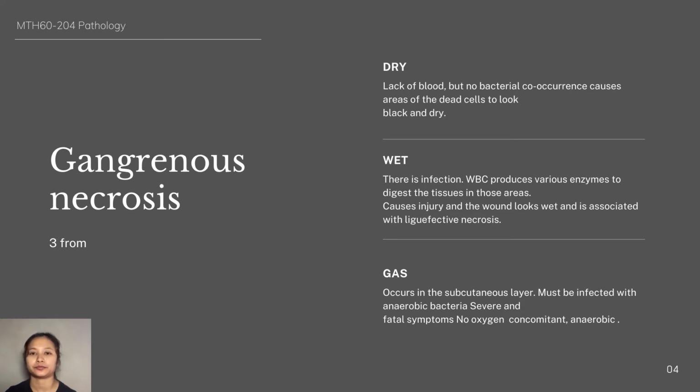Number 2, wet gangrene, where there are infections in which bacterial cells produce various enzymes to digest the tissue in this area, causing injury and a wound that looks wet, which is associated with liquefactive necrosis.